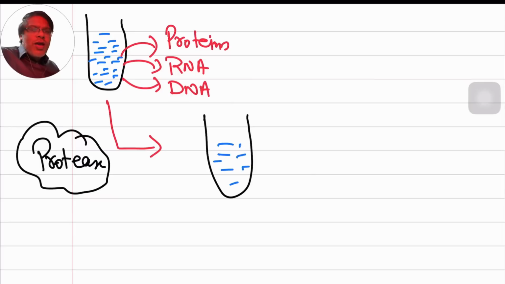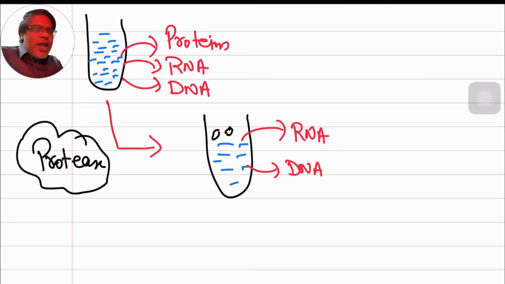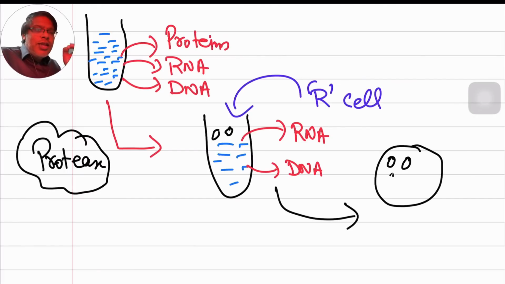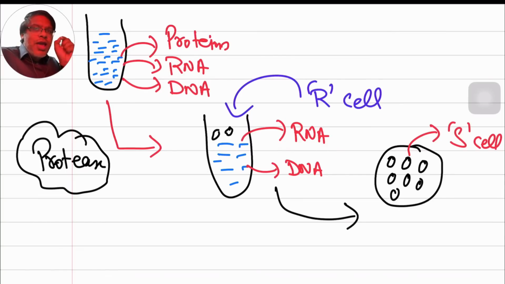Now you are going to have only RNA and DNA. To this they added the R bacterial cells, and analyzed whether the transformation occurred or not. They found that in presence of RNA and DNA, the transformation occurred. So in absence of proteins, R bacterial cells get transformed into S bacterial cells.